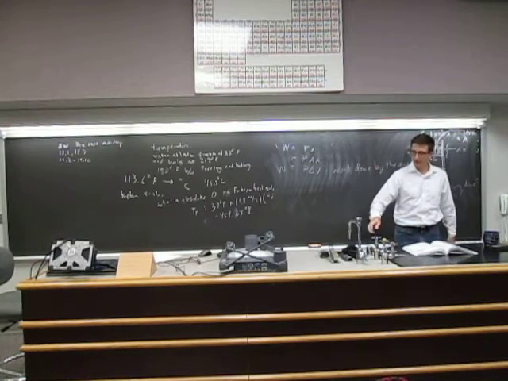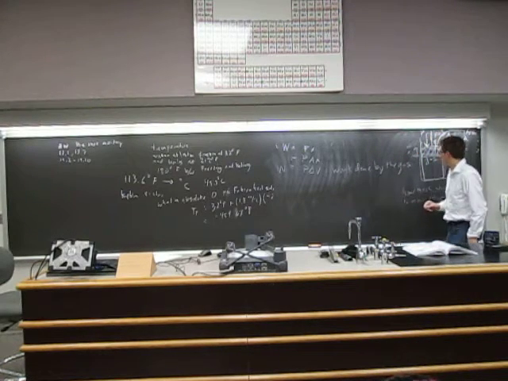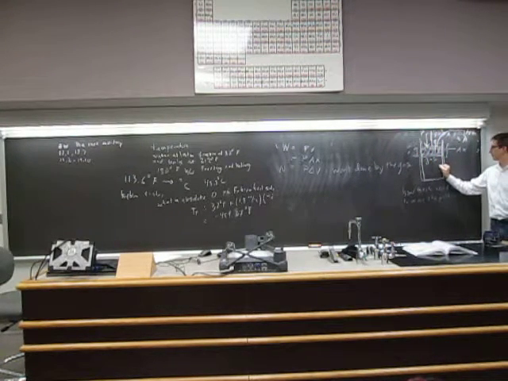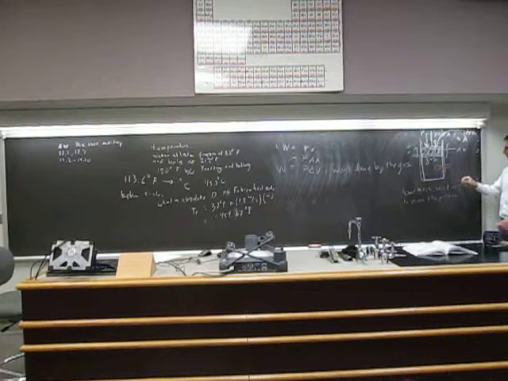Now let's suppose that I put a thermometer in here. If I put a thermometer in here, as this process went on, what I would find is that the temperature would decrease as that thermometer was in there.